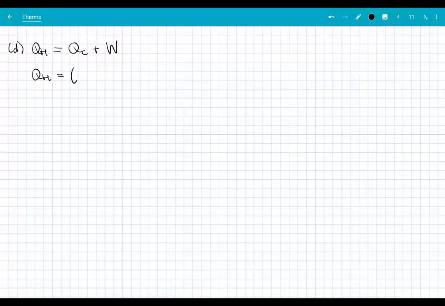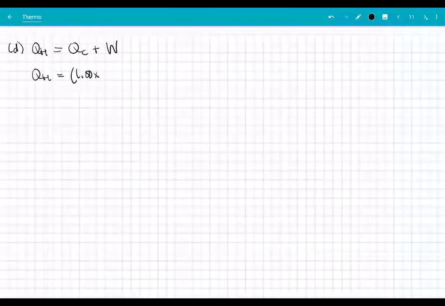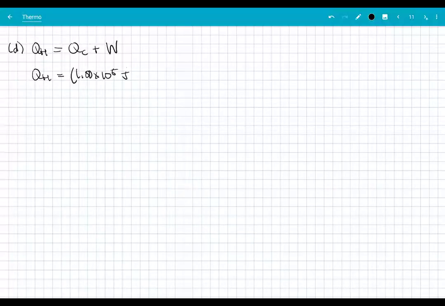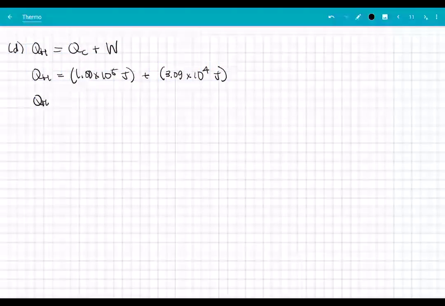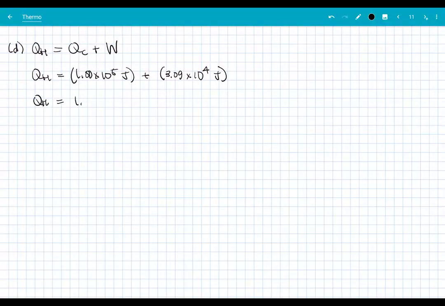QC is 1 times 10 to the 5 joules, and work we found was 3.09 times 10 to the 4 joules. That gives me, for QH, 1.31 times 10 to the 5 joules.